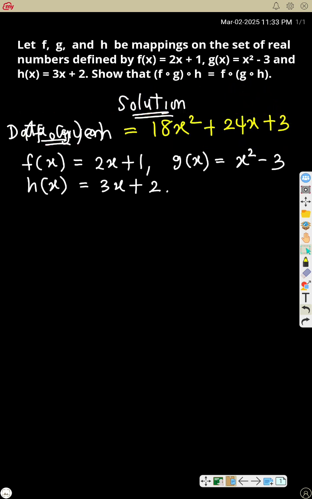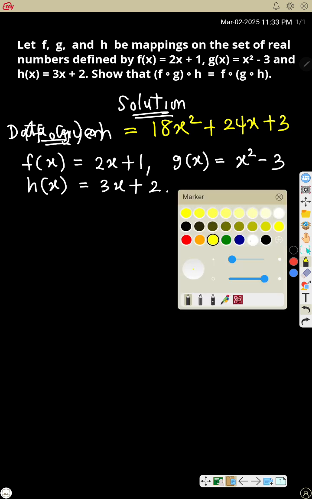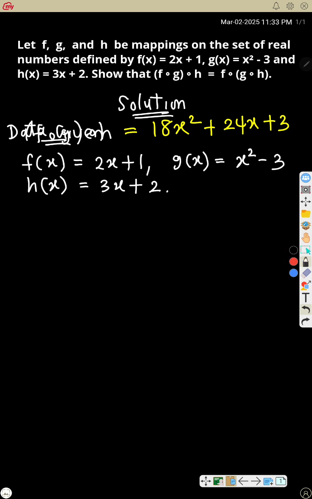Now we are using the second part. We want to show that f of g of h is equal to f of, in brackets, g of h. I've shown the left hand side, so let's check the right hand side.